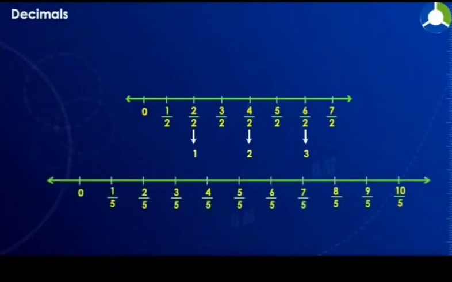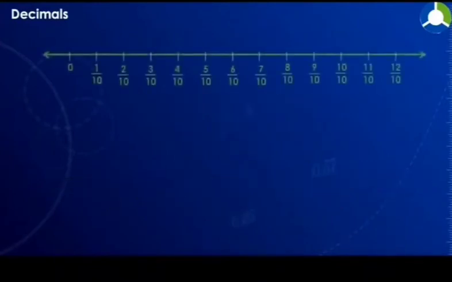If we mark fifths, the points are 0, 1 by 5, 2 by 5, 3 by 5, 4 by 5, 5 by 5 which equals 1, 6 by 5, 7 by 5, 8 by 5, 9 by 5, 10 by 5 which equals 2, and so on.